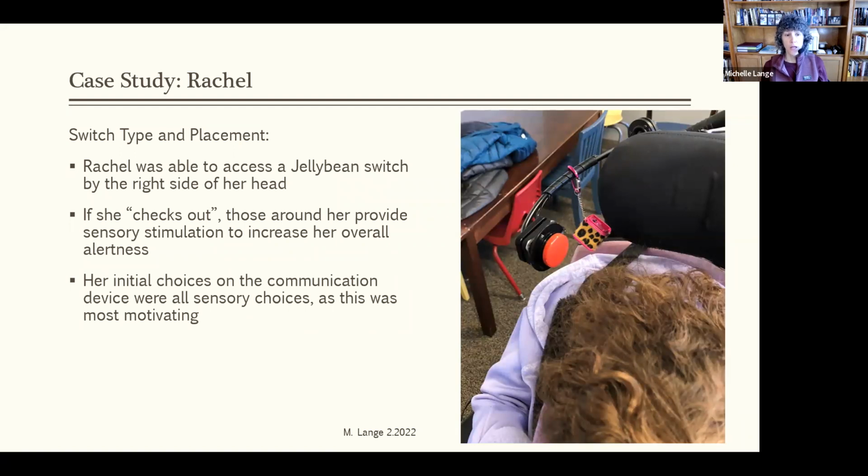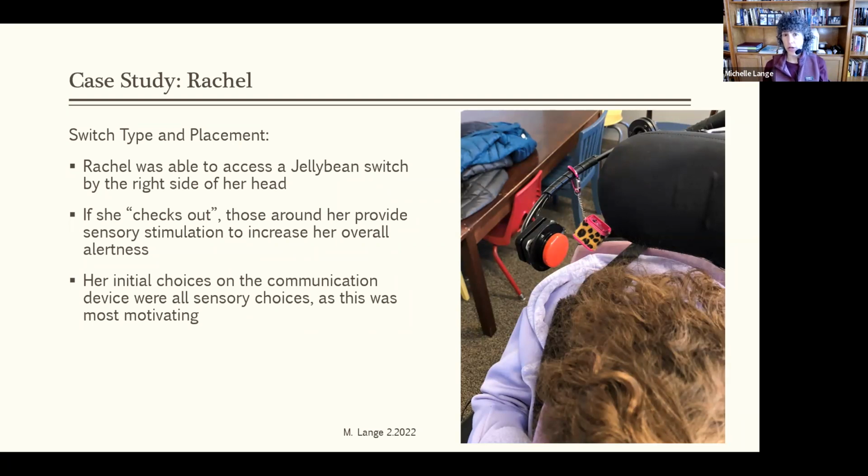on her own. So the initial choices on the communication device, we kind of put aside what was already on there that she wasn't really engaging with, and we changed the choices to all sensory choices because this was most motivating for her. Again, that motivation is really, really important.